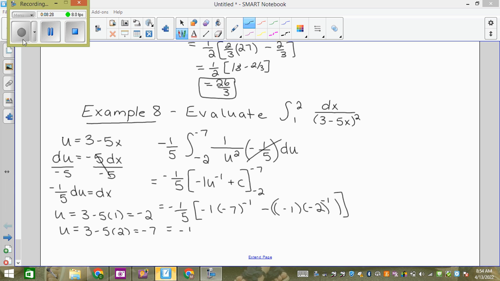So I get negative 1/5. And then this is going to be negative 7 to the negative 1 times negative 1. It's 1/7. And this is a negative 1/2. And then you get 1/14.